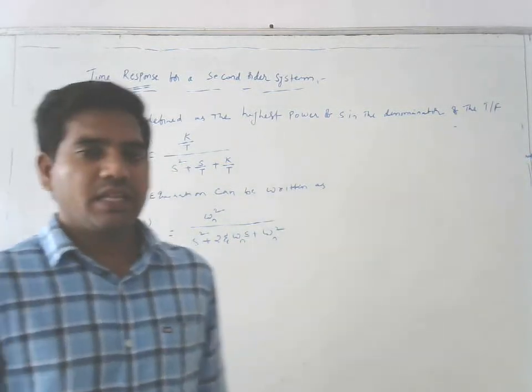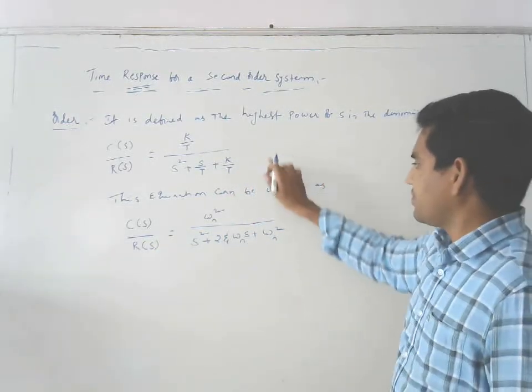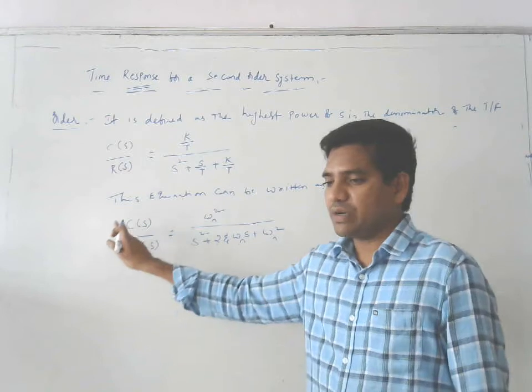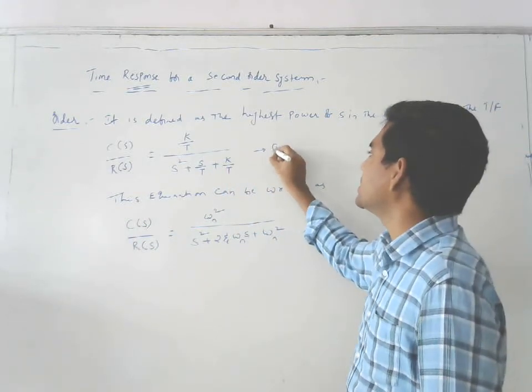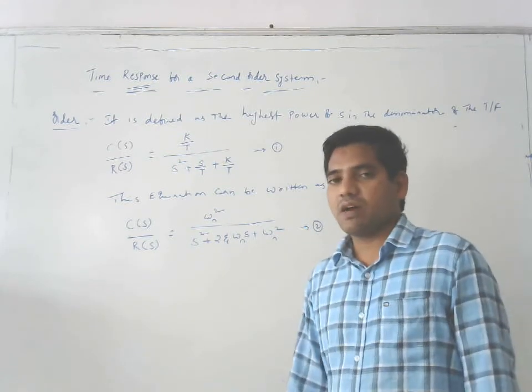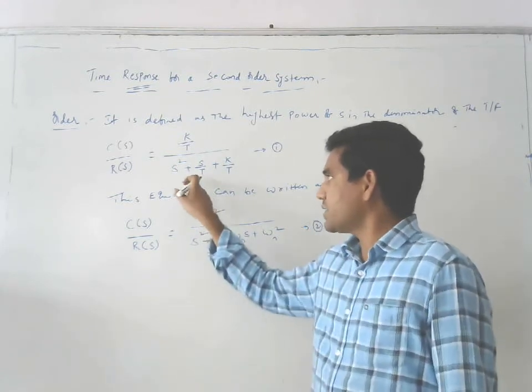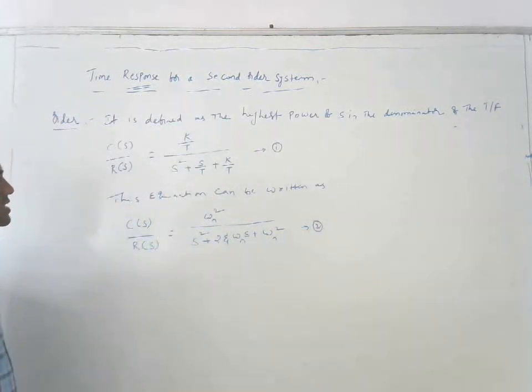Whenever we talk about the standard second order transfer equation, we write this equation and compare it with our equation. Take this as equation 1 and this as equation 2. The standard form is C of S by R of S equal to omega n square by S square plus 2 zeta omega n S plus omega n square.